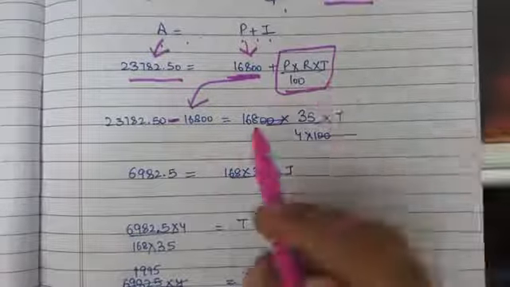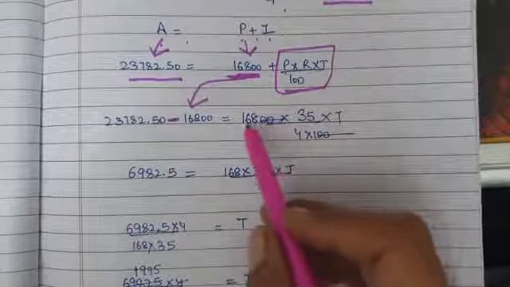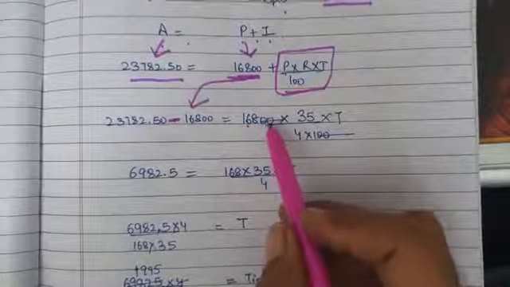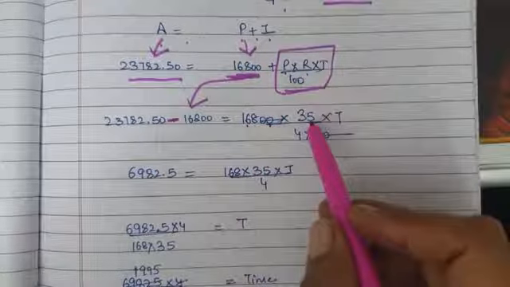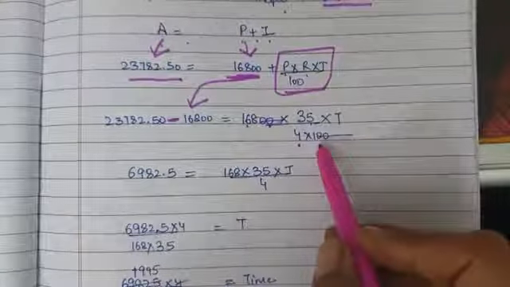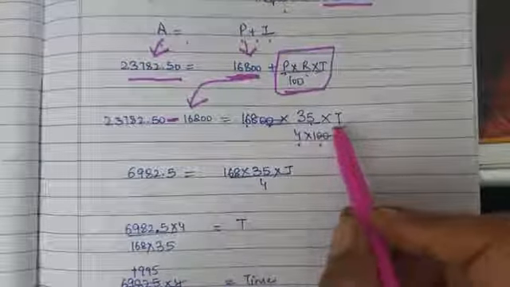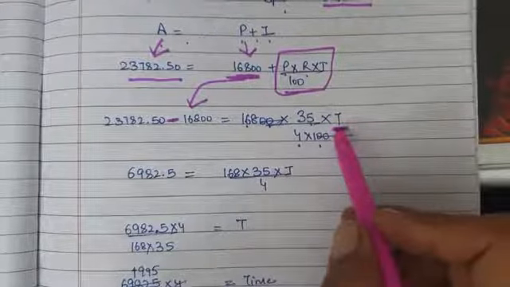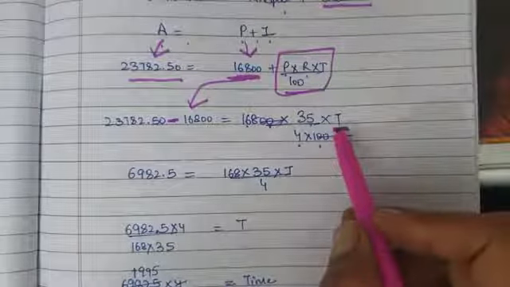Now principal is what? 16,800. Rate of interest is 35/4. 100 in the denominator. Time we have to find out, so it will remain as such.